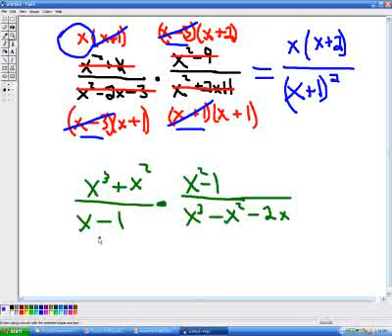Alright, let's factor the numerator. So we have a common x squared here times x plus 1. And let's throw a little bit of something extra in here. Let's say we have a 2 right here and a 2 right there. So we get a common 2 out here.